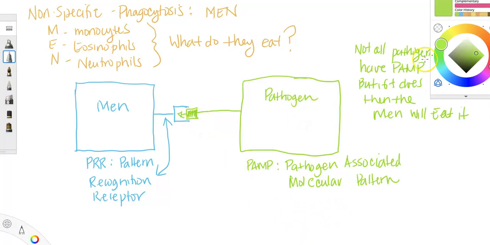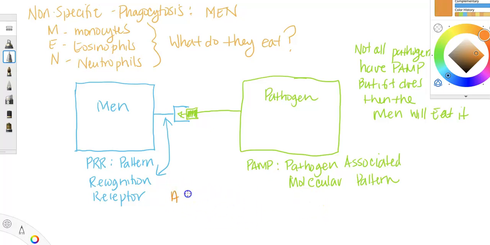So along with the PAMPs, or along with the men here and these PAMP things, sometimes the pathogen is too small or whatever, and it can't really be seen well by these white blood cells. So there are chemicals that actually help the men see this thing so that they can latch onto those PAMPs and eat up these pathogens.